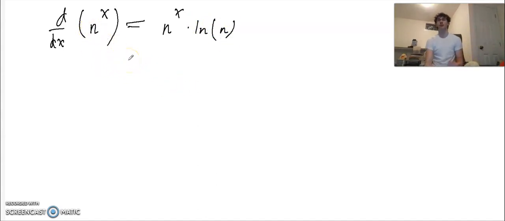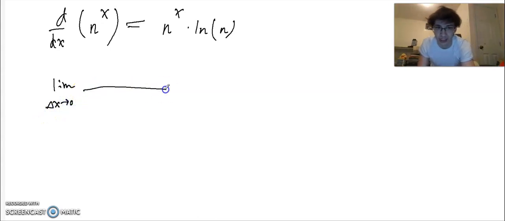But let's prove it. I use prove lightly because this proof isn't as elegant as the others. I'll point it out when we get there. So we have our fundamental derivative definition as delta x approaches 0, f of x plus delta x minus f of x all over delta x.